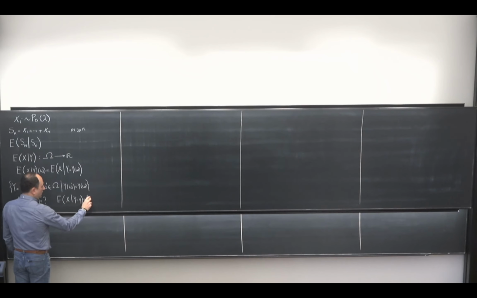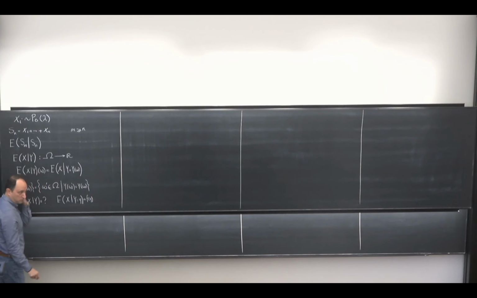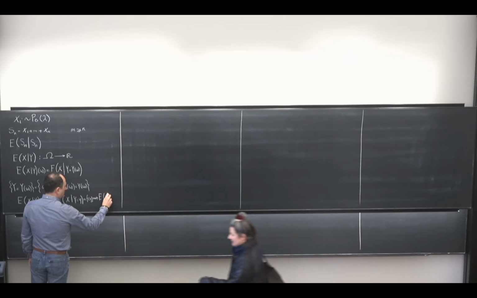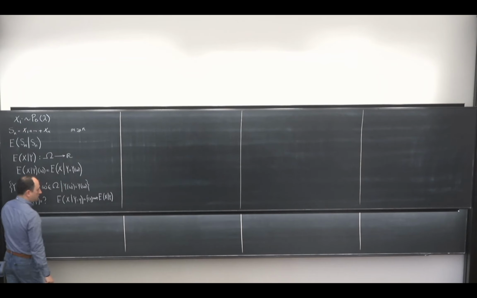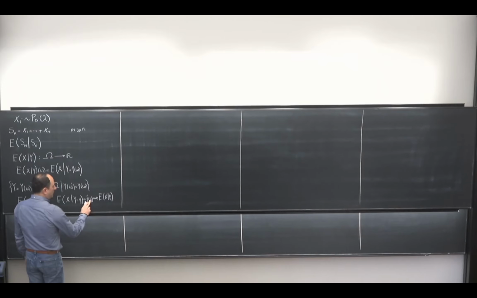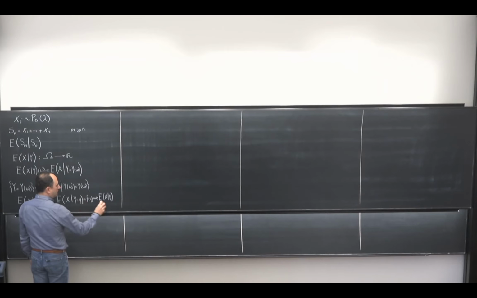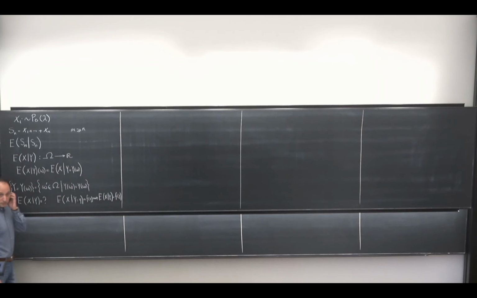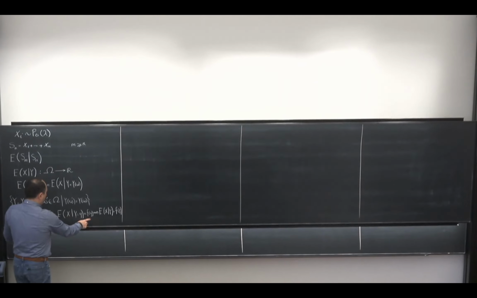Finally, it becomes a function of y. That's very clear. But then if you have this and you want to write this random variable, you just simply replace this little y with the capital Y. So why is that? Because, for example, I have this assumption.